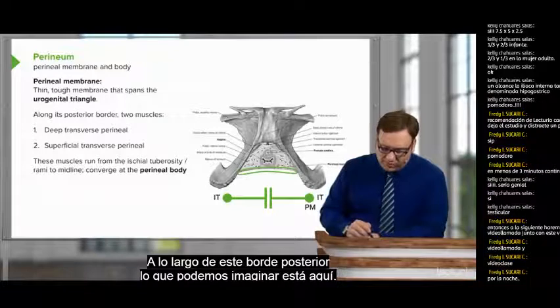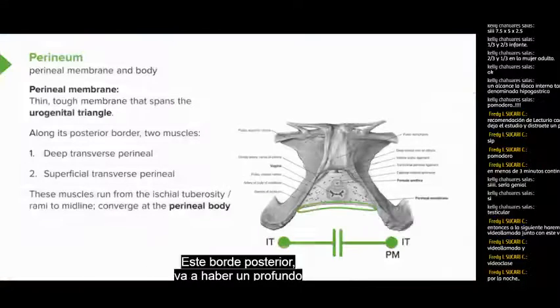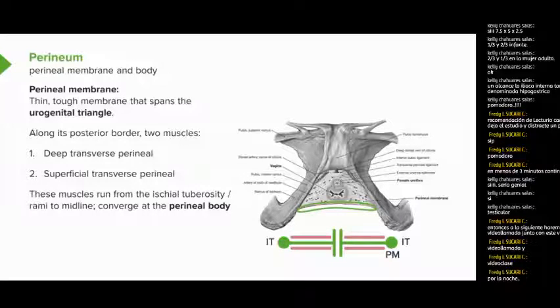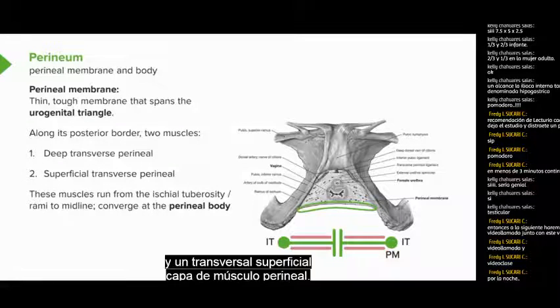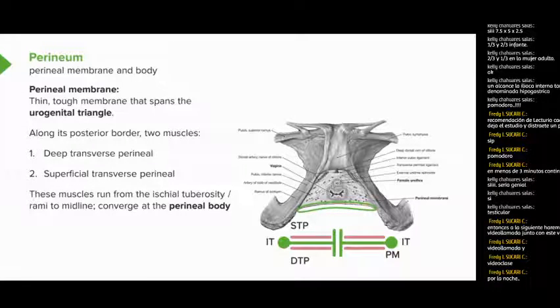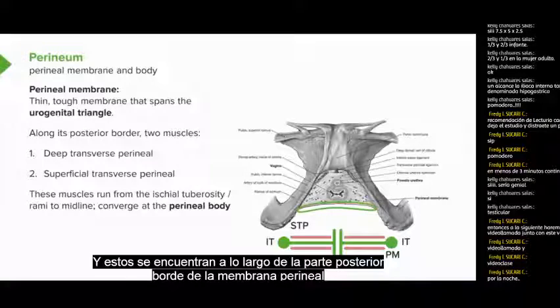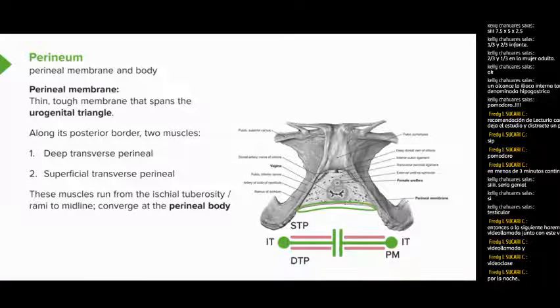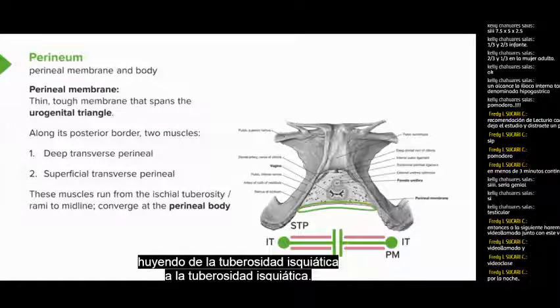Along this posterior border, which we can imagine is here, there's going to be a deep and a superficial transverse perineal muscle layer. Here we can see the deep transverse perineal muscle, and here we can see the superficial transverse perineal muscle. And these lie along the posterior border of the perineal membrane, running from ischial tuberosity to ischial tuberosity.